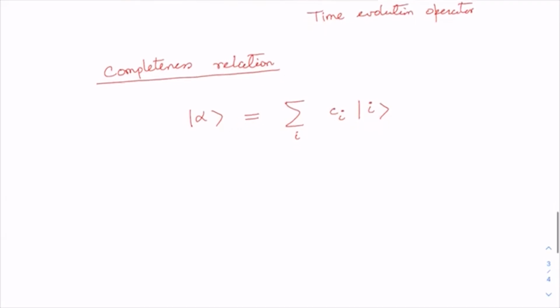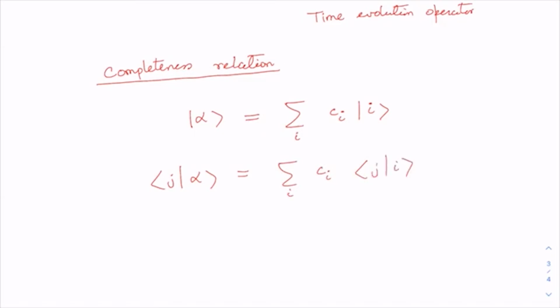Now, if I multiply both sides of this equation by bra j, then this is a number c_i, and I have here the inner product of j and i.